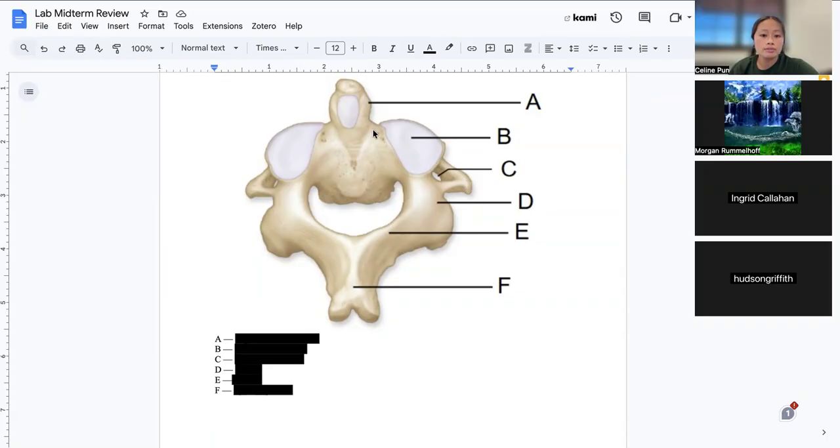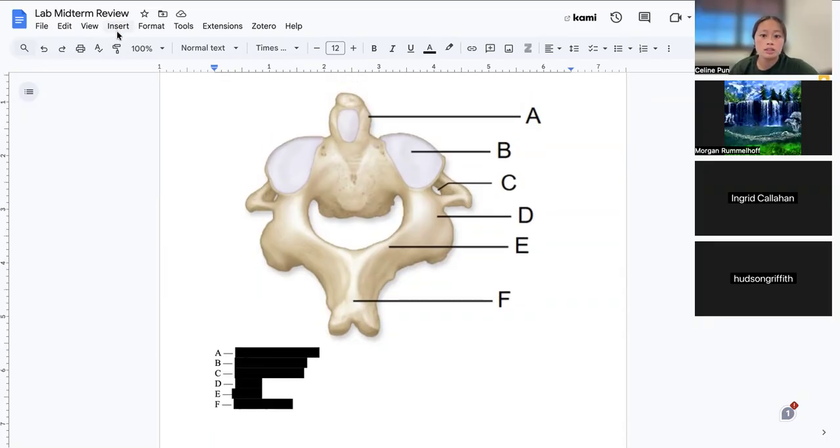If you guys are ready, we're going to start with the structure. So in the chat, just write A, B, C, D, E, F, and then write what you think it is.